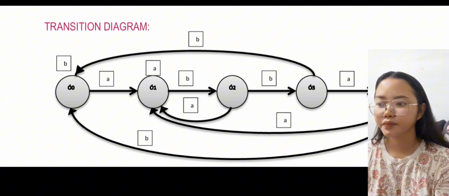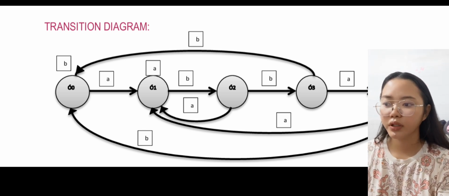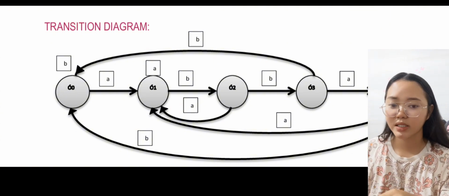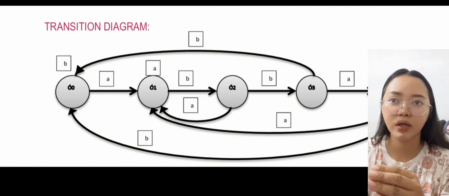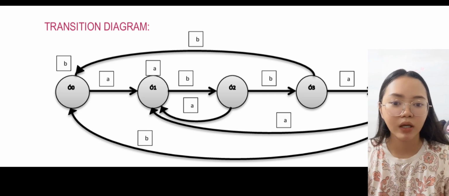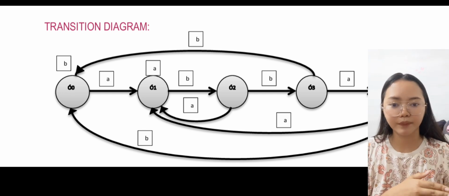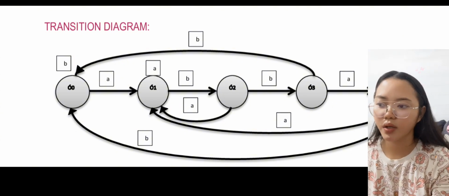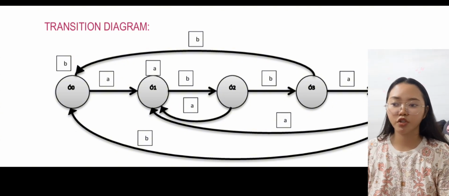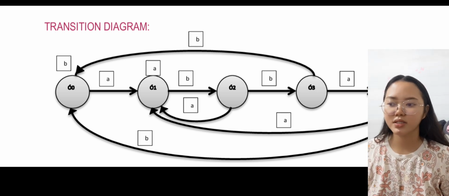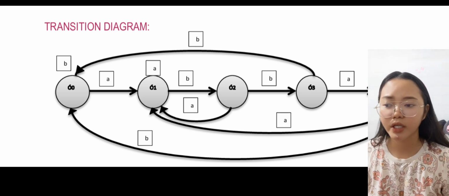When the machine reads an A, it moves to the next state, and when it reads a B, it moves to the next state again, and so on, just like in this diagram. If the last four letters are ABBA, the machine reaches the final accepting state. If the pattern breaks, it goes back or stays.